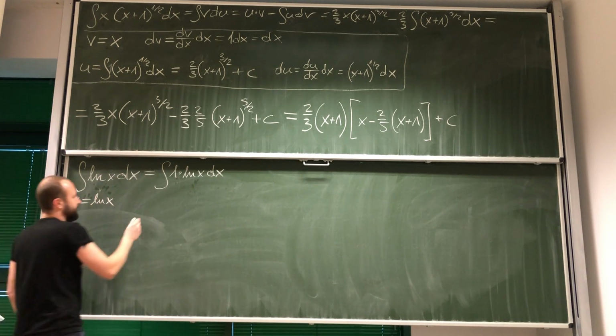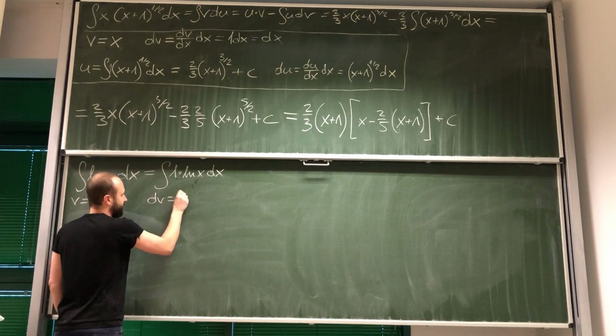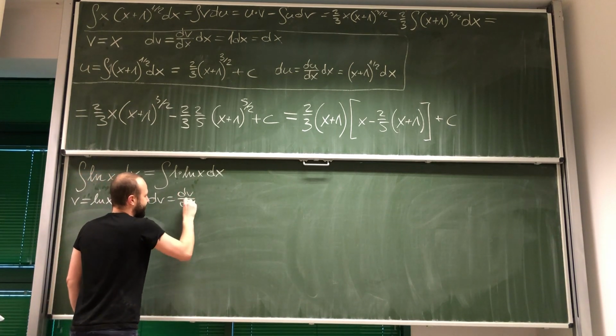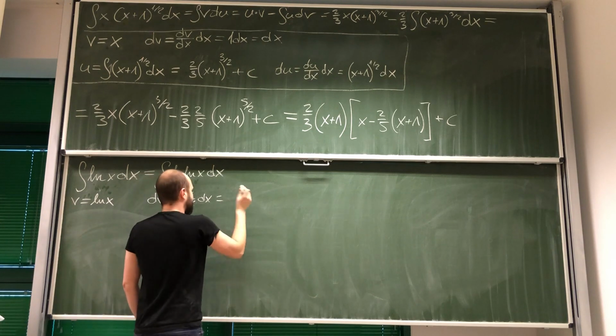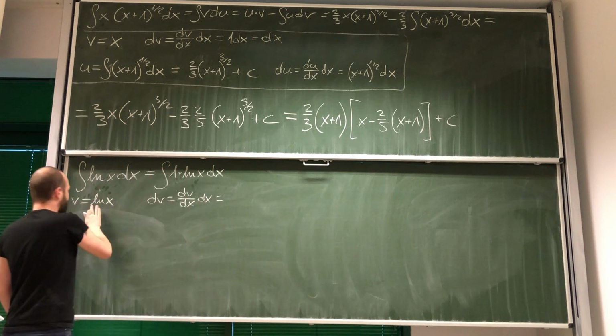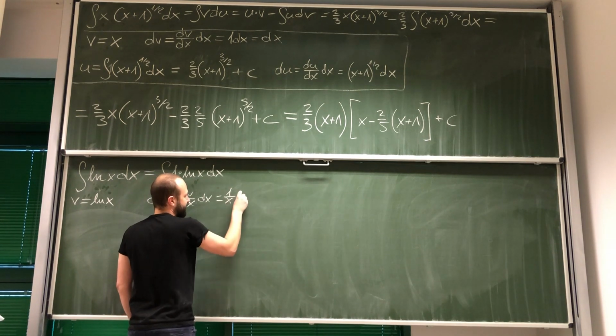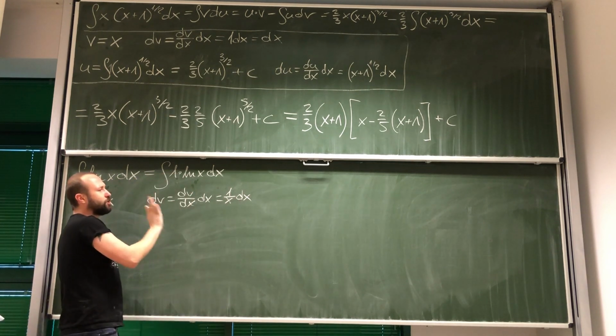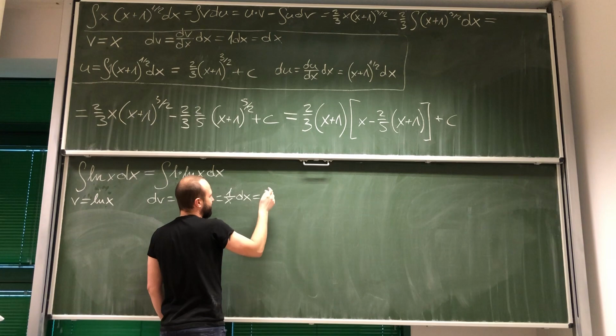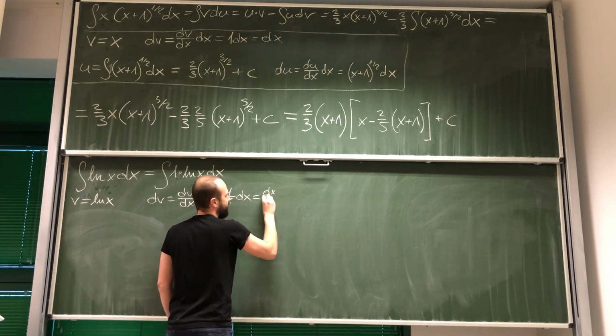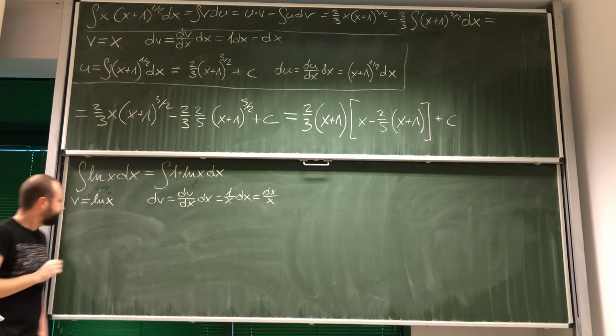Now, if v is ln x, then dv, which is equal to dv/dx times dx, is equal to the derivative of ln x with respect to x, which is 1 over x dx, which of course, please remember, we can compactly write as dx over x.